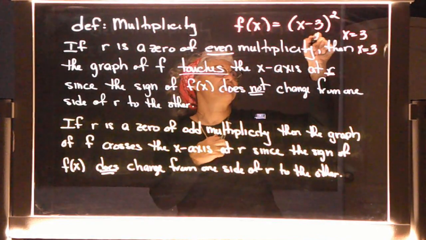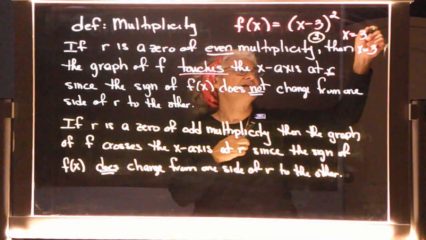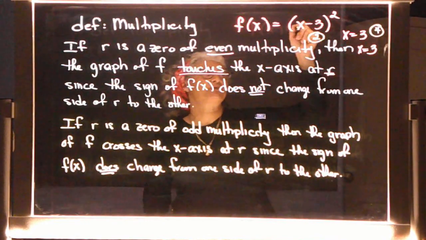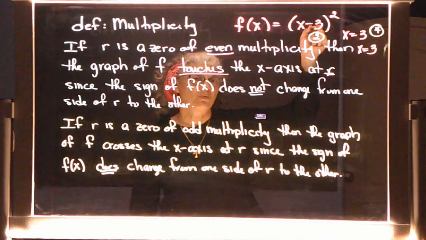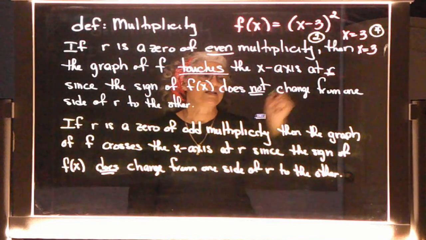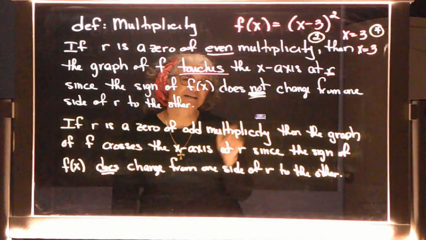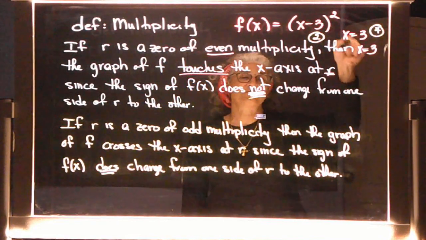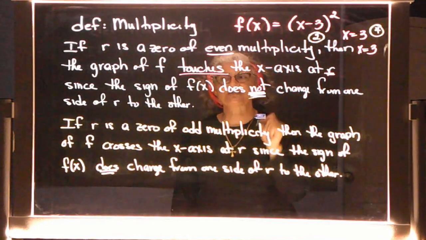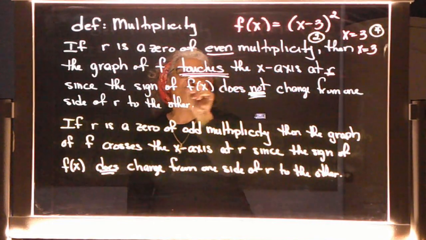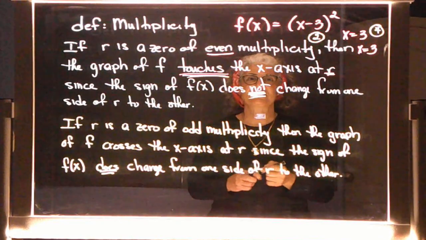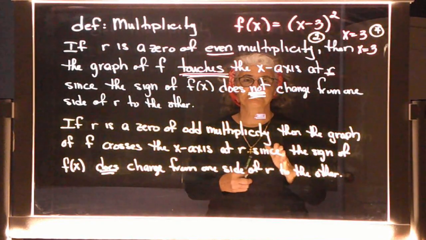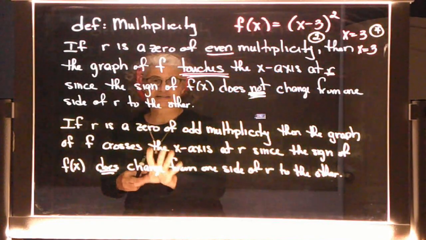So if I plug in a 2, it's on this side of the 3. If I plug in a 4 on the other side, what's 4 minus 3? 1. 1 squared is 1. It's not changing. The sign is not changing from one side of the 3 to the other. This is what it means why it's going to only touch the x-axis. Good?